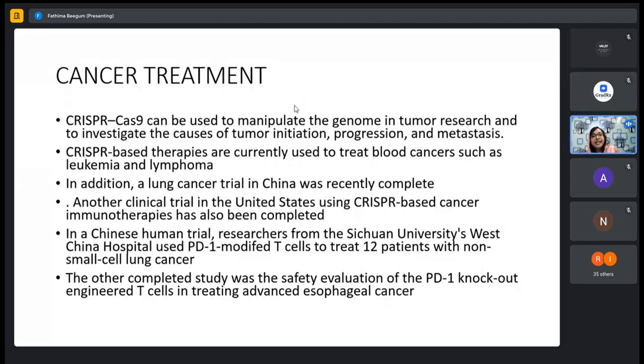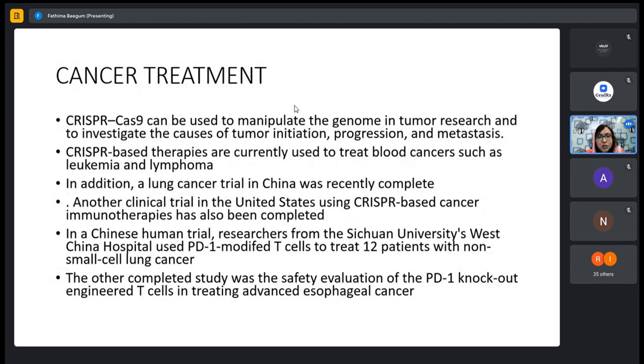Then in a Chinese human trial at Sichuan University's West China Hospital, PD-1 modified T cells were introduced to 12 patients with non-small cell lung cancer. We know that PD-1 is programmed cell death protein, present on the surface of T cells.